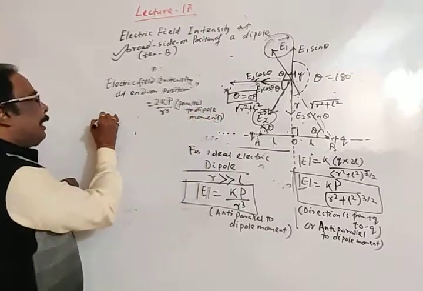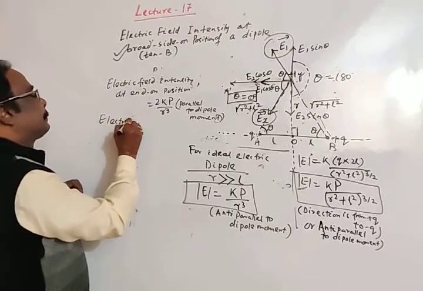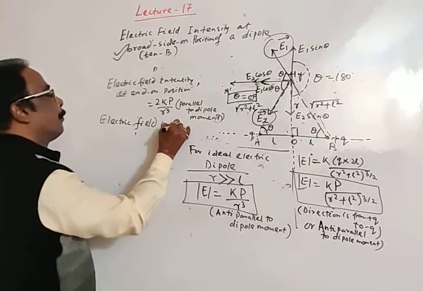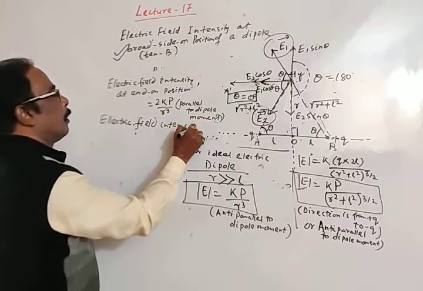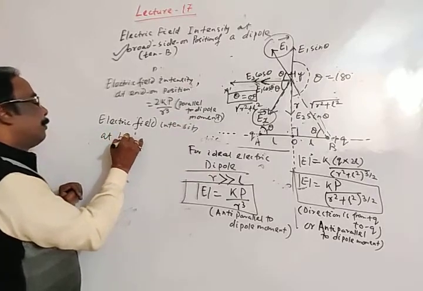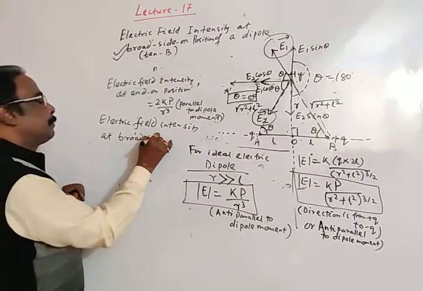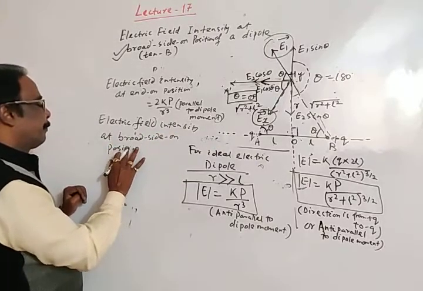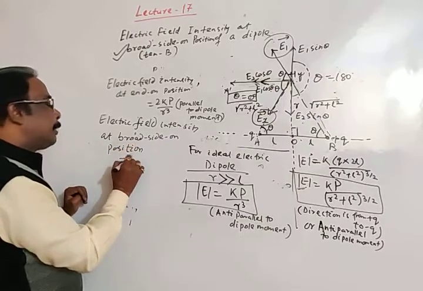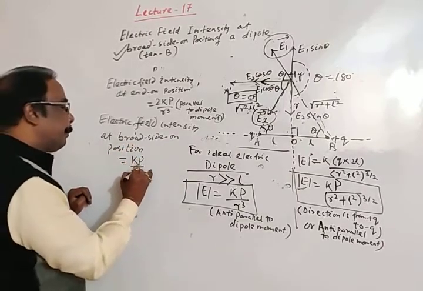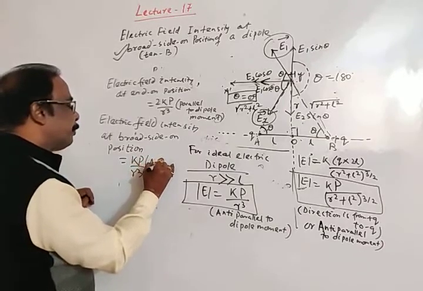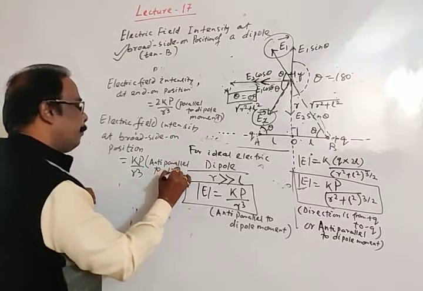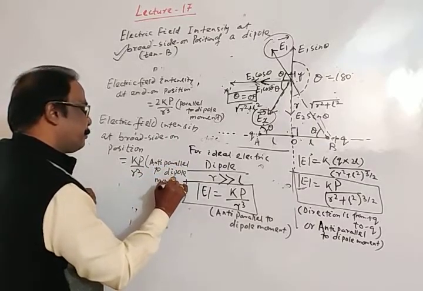Electric field intensity at broadside-on position, as we get here, is Kp by R cube, and direction is anti-parallel to dipole moment.